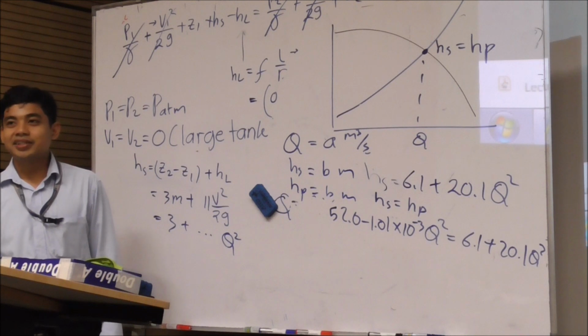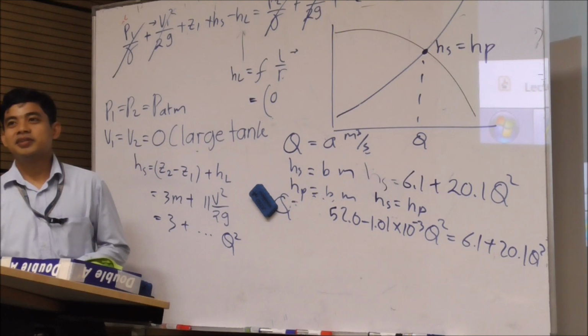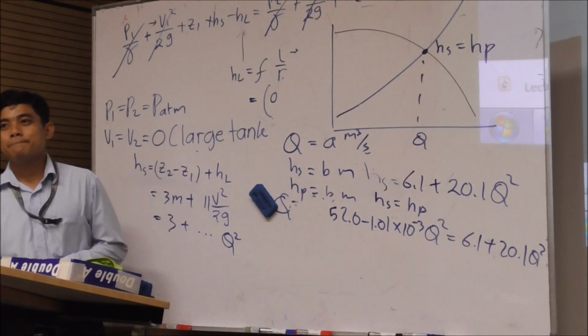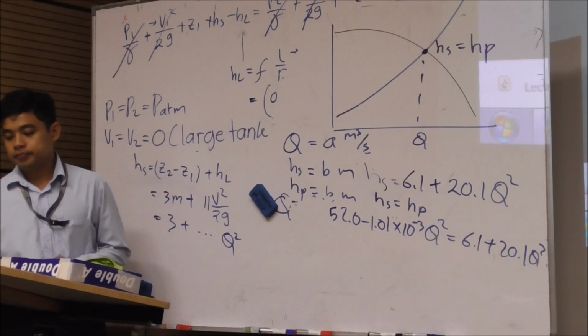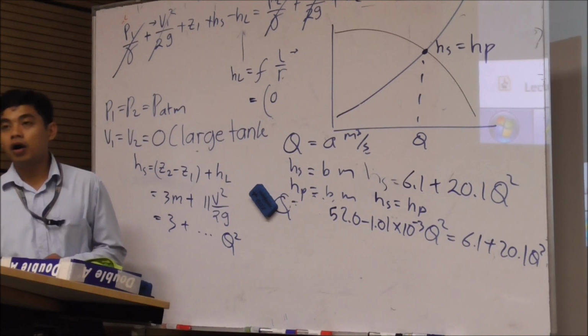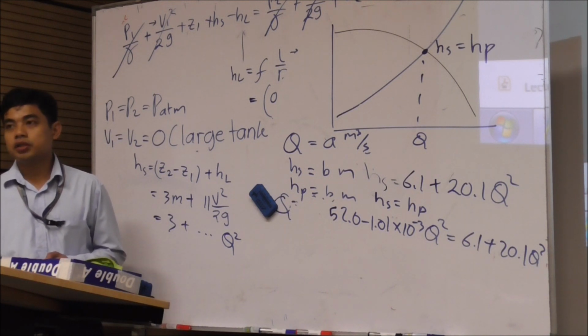If that is not the case, your calculation is wrong. Simple, right? This is in your tutorial. So I give you all: using the table, using the curve, and also using the equation.